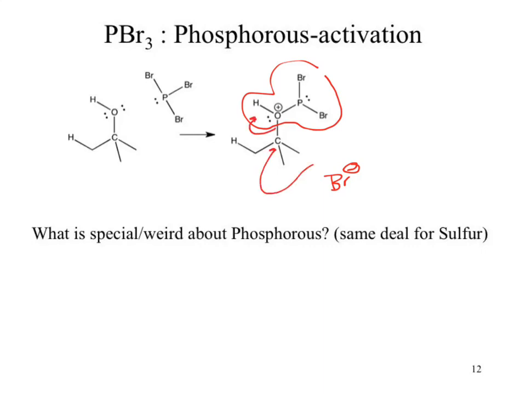Backside attack kicks out our good leaving group. Okay? So we get kind of the same special issue with our phosphorus. It's really, really big, so we can expand that octet, which is why it can act as an electrophile in this case.